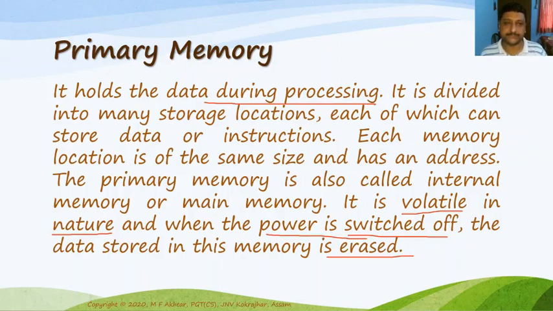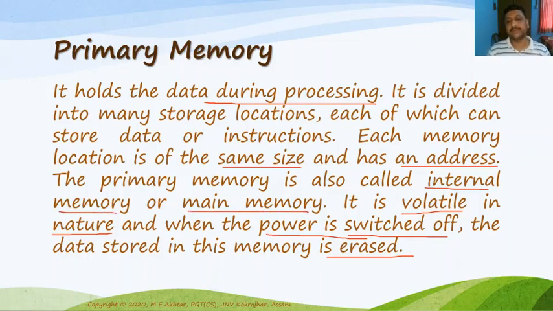Now this memory is also divided into many storage locations, each of which stores data and instructions, and each memory location is of the same size and has an address. Two things are associated with each memory location: size and address. It is also called internal memory or main memory.